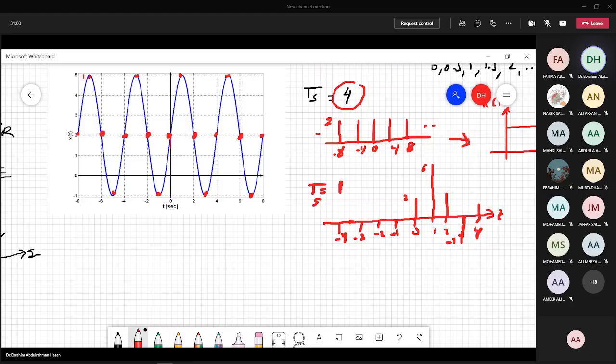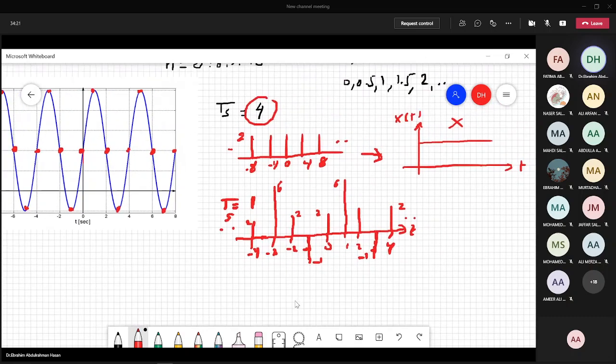Then it is 2. Here -1. Then 2. Then 3. Sorry, 6. Then 2, and so on.